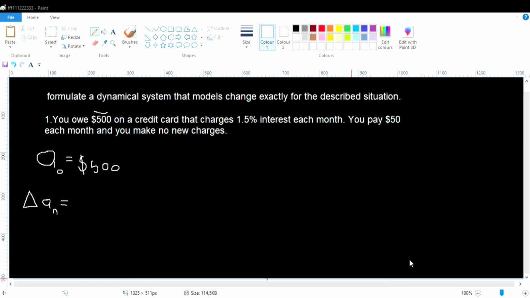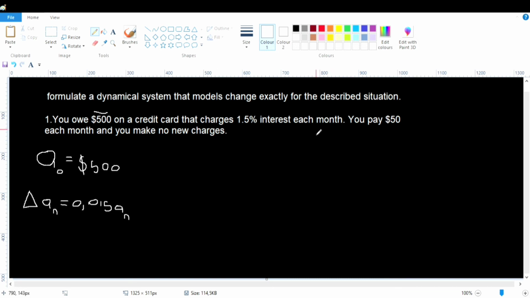Let's make a function now. So here I'm going to write 0.015, and I'm going to write a sub n here.